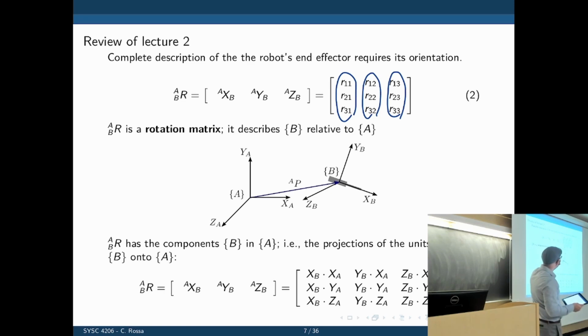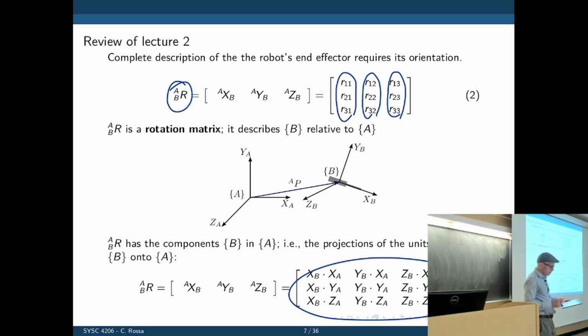The second R12 is XB on YA, and R31 is XB on ZA. And you do that for all three axes of frame B. So each of these column vectors represent the decomposition of frame B relative to A. And you call this matrix the rotation matrix from B to A. So the projections of the unit vectors of B to A, and here is the formula for that. It's simply the dot product of these vectors.